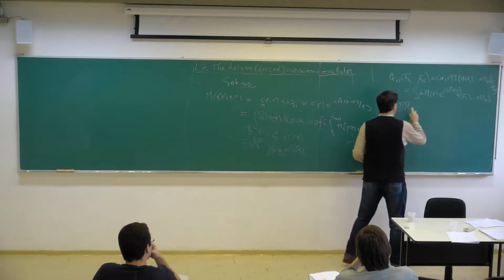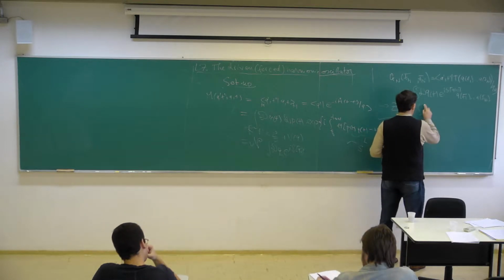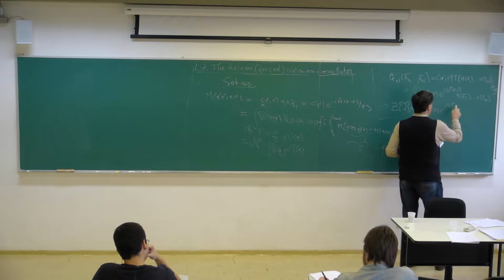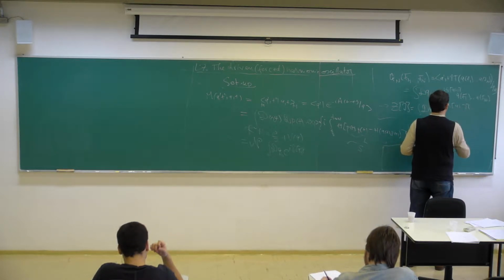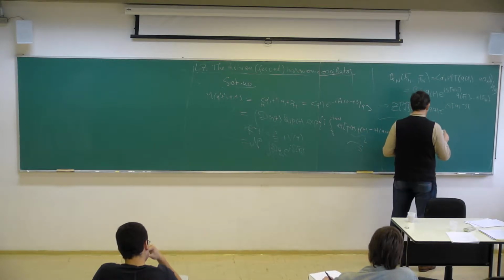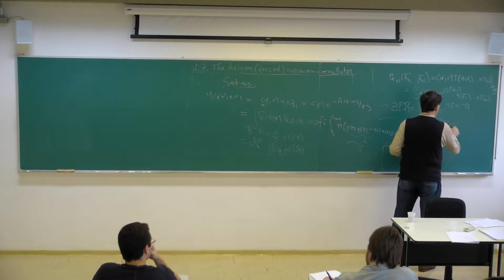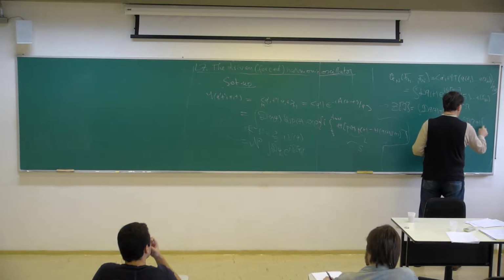So we defined this generating functional, and we called it Z of J, as the path integral of e to the i S of q and J, which is just adding a term to the action, which is i integral q of t, J of t.